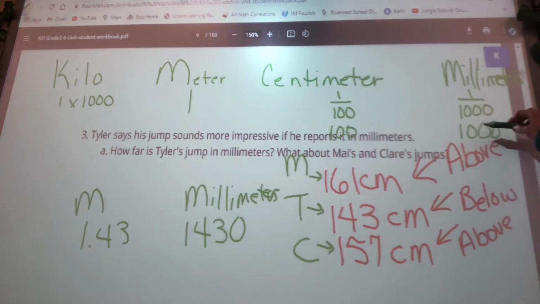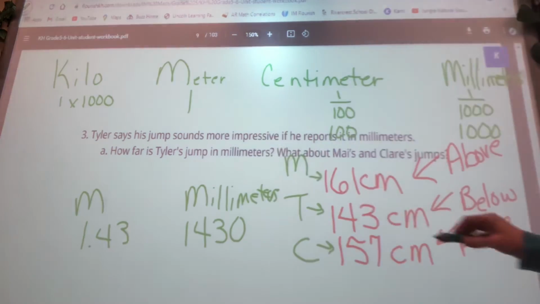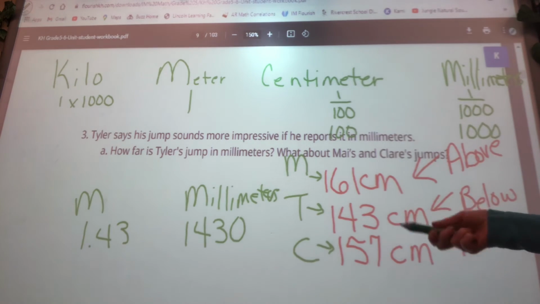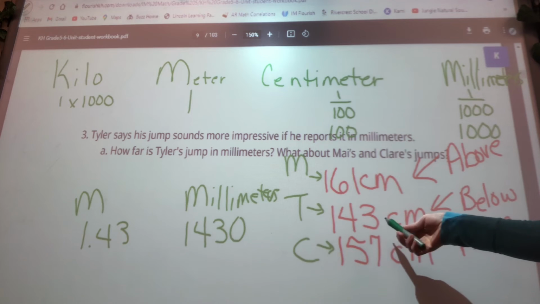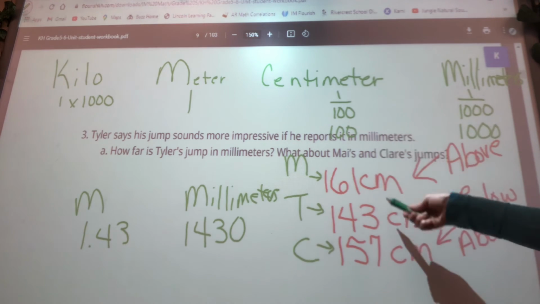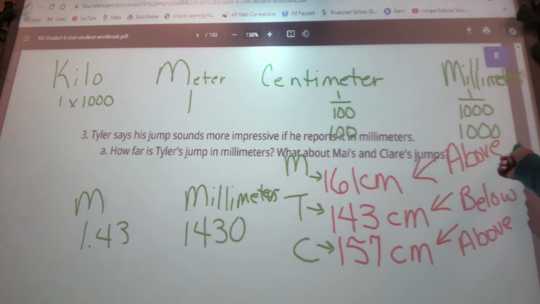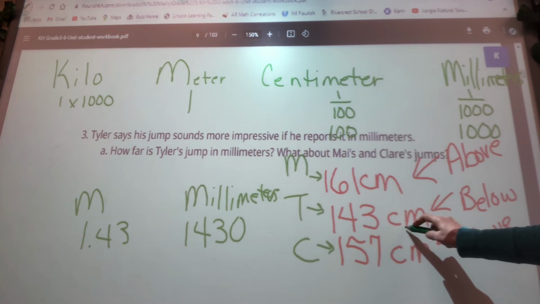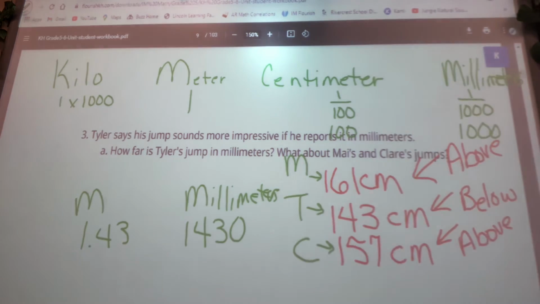Because now it takes 1,000 millimeters to equal 1 meter, so it takes 100 centimeters to equal 1 meter. This was in centimeters, and this is 1,000, which is one multiple greater than the 143. So if we moved it one more time to turn it into millimeters, then yeah, that looks a lot more impressive, doesn't it?